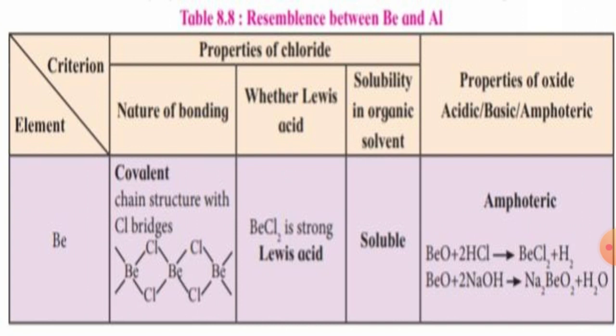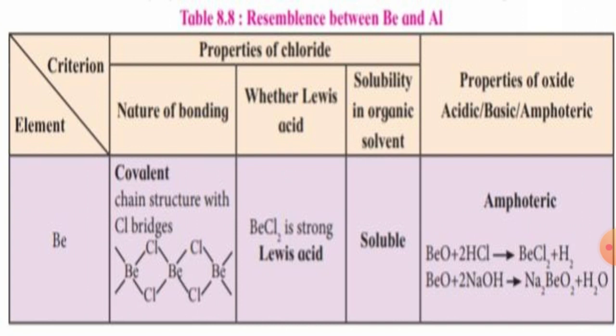Here your element beryllium. What is the nature of bonding? Here a chain structure with chlorine bridges. Whenever you see, beryllium is connected with chloride in the form of a chain structure.